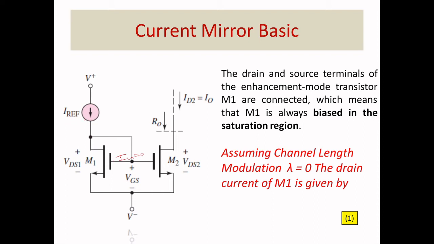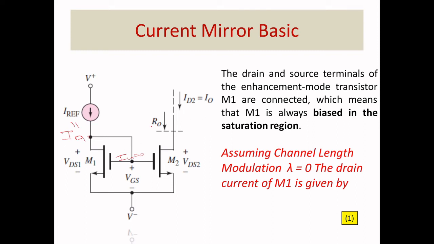Here I am giving the reference current, so the same current will come in the drain current also, because no current goes to the gate terminal. So IREF is equal to ID1.